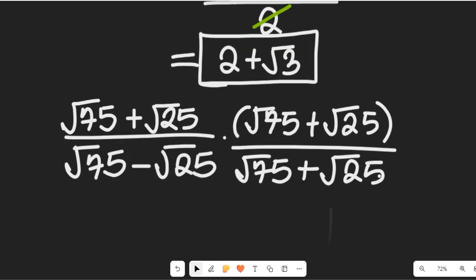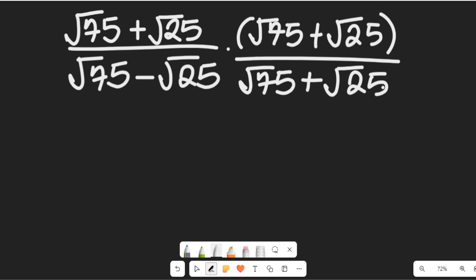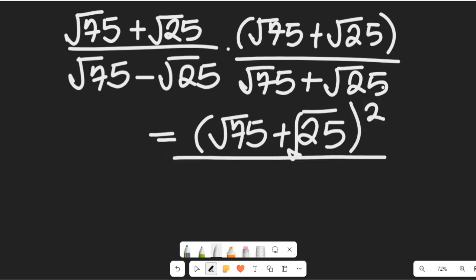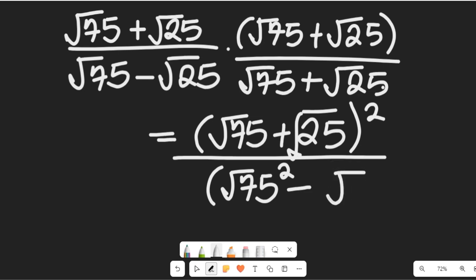If we simplify this, that expression will now give me the square root of 75 plus the square root of 25, all squared, right? Because both of them have plus and plus, and then I can have this to be the square root of 75 squared, minus the square root of 25 squared.